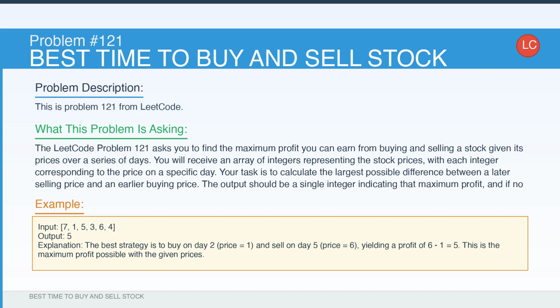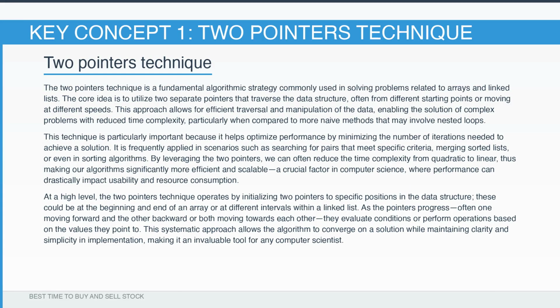As we embark on solving this problem, let us sharpen our analytical skills and apply effective strategies to uncover the solution. The two pointers technique is a powerful strategy used in solving problems involving arrays and linked lists. Imagine you have a long queue of people, and you want to find two specific individuals who meet certain criteria.